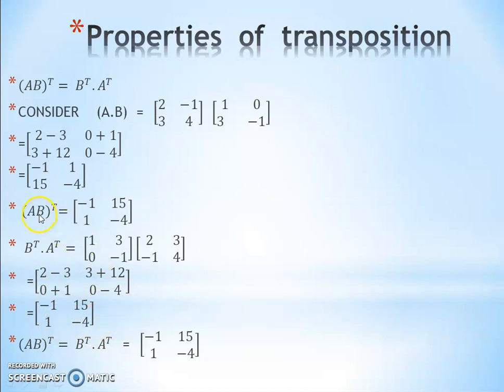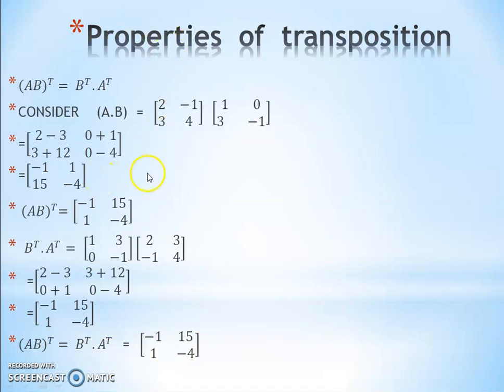So we derive the final answer: AB transpose is equal to minus 1 15, 1 minus 4, and B transpose into A transpose gives the same answer, minus 1 15, 1 minus 4. So we prove that (AB) whole transpose is equal to B transpose into A transpose, which is minus 1 15, 1 minus 4.